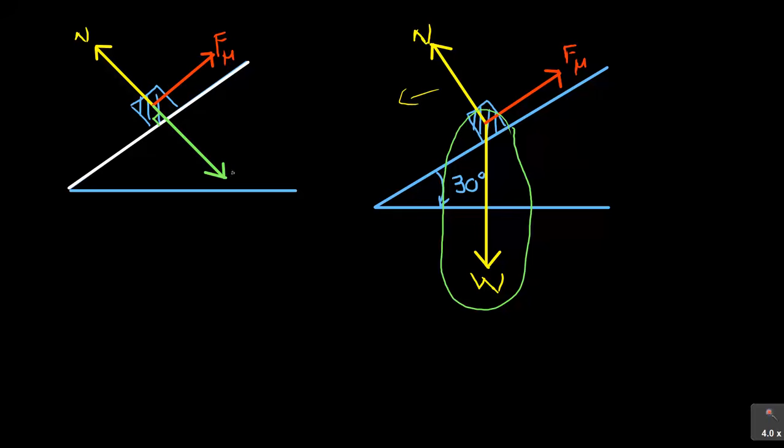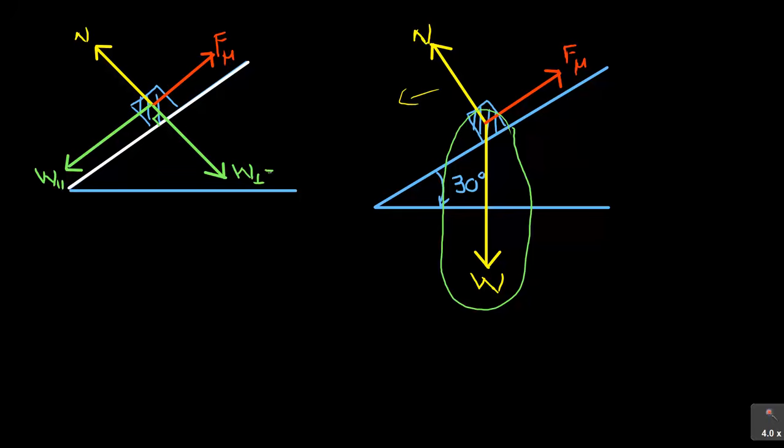That's what it means. So this is my component of weight, and I will show you the formula for that one. And we also have a component of weight that is acting parallel to the plane. It is in this direction. So this is weight perpendicular, and here I can say weight parallel.